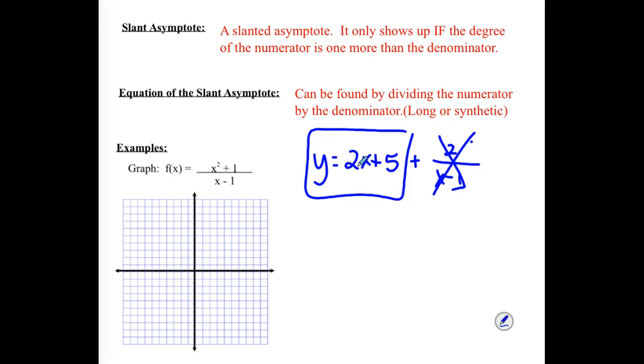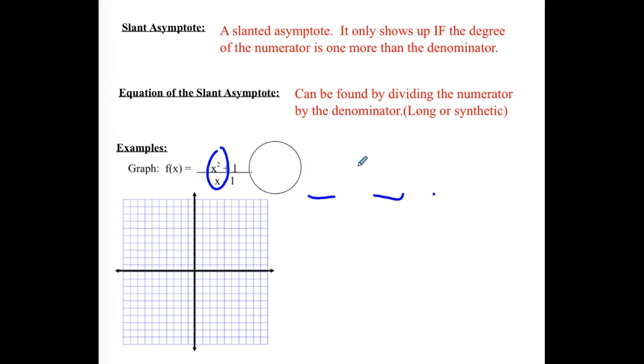Does that make sense? And if the degree on top is exactly 1 higher than the degree on the bottom, when you take an x squared divided by an x, you're going to get an x. Yes? So you're always going to get just a linear expression. Ignore the remainder piece.